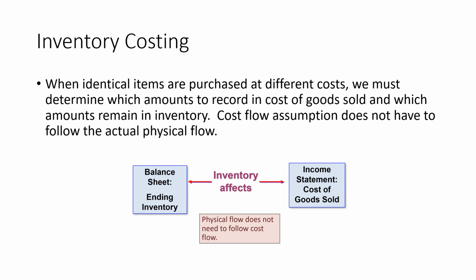So like the grocery store, first in, first out is how they're going to sell the actual products, because those objects are perishable. They need to make sure that they sell them in the order of their expiration date. So they sell them first in, first out. But because a business is free to choose its cost flow assumption, they could actually calculate their cost of goods sold and inventory using LIFO.